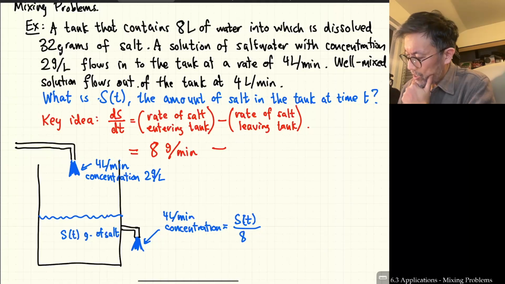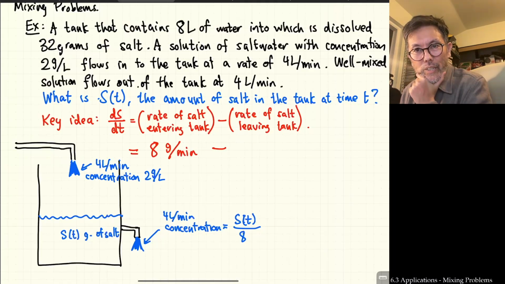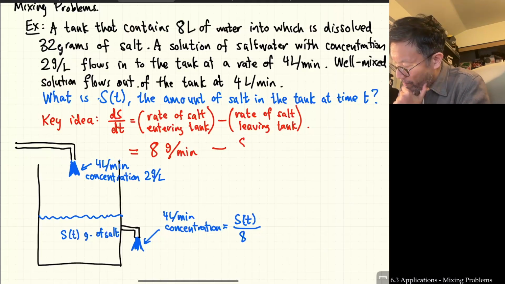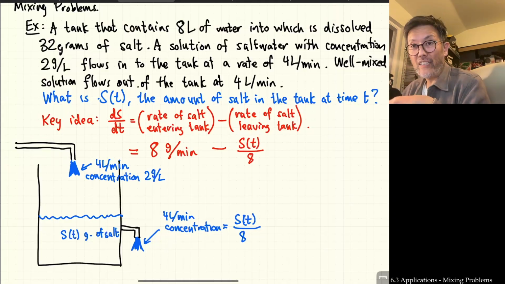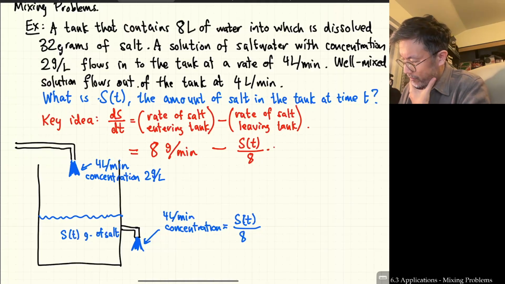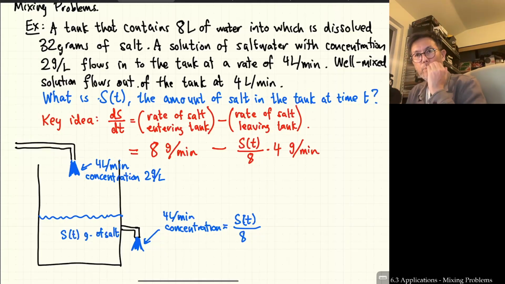And what is the rate at which salt is leaving the tank? Well, that's S of t divided by 8, the concentration, times the flow rate, which is 4. The units are grams per minute.